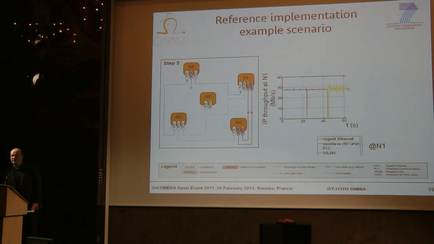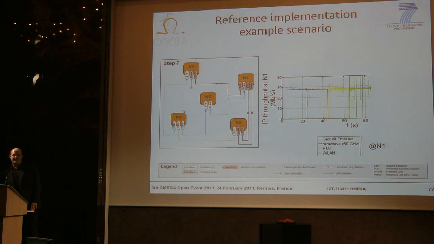Again, you can see the data rate on the right-hand side. Now the PLC link degrades somehow. PLC always has a lot of problems with other electrical devices in the home grid. For example, these adapters and computers and so on, they produce heavy background noise.